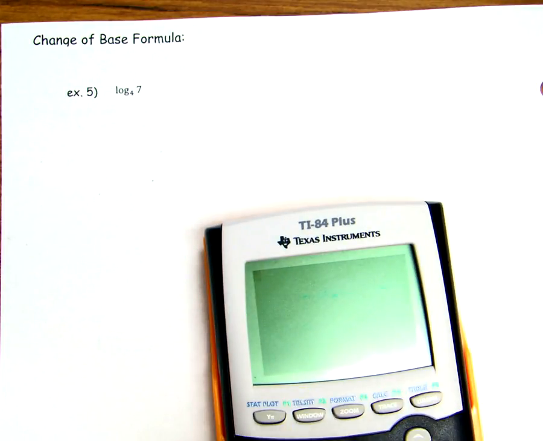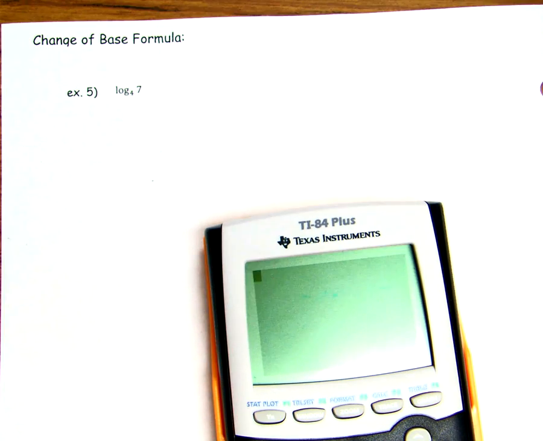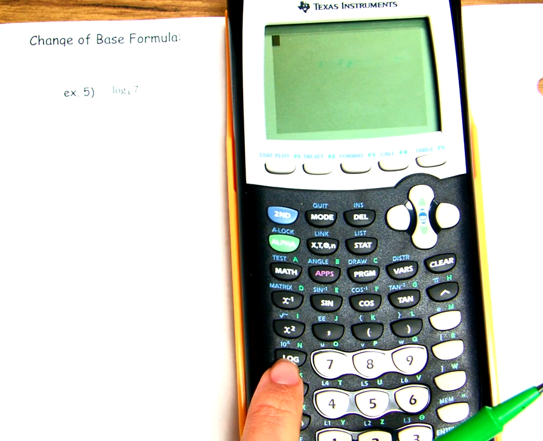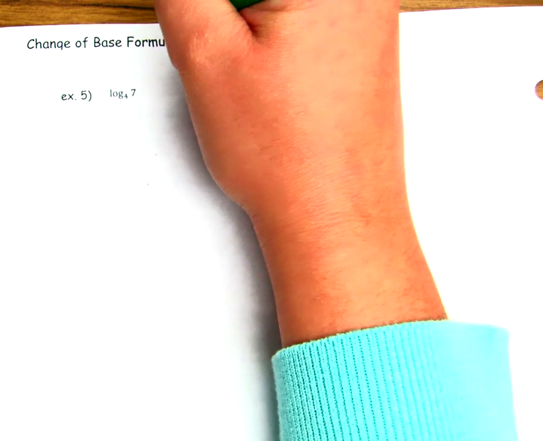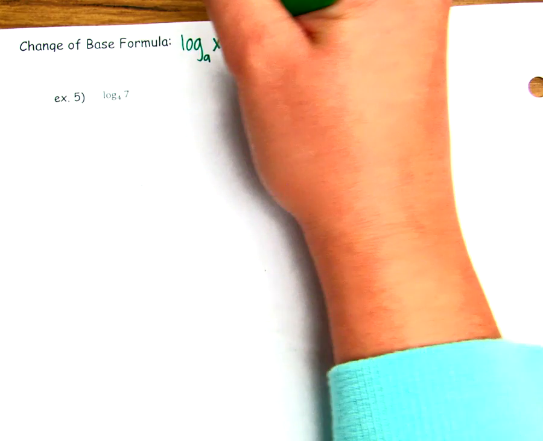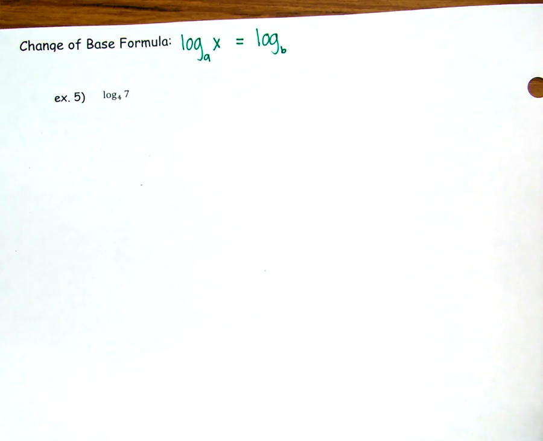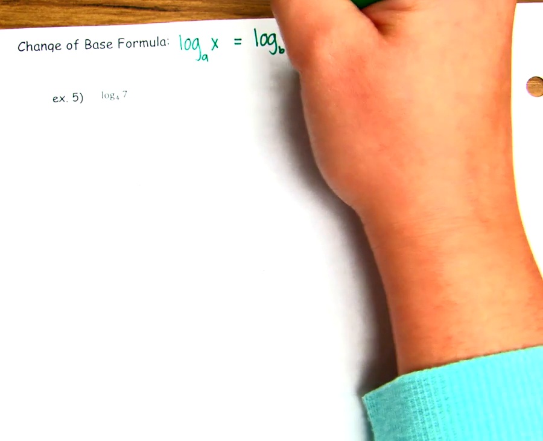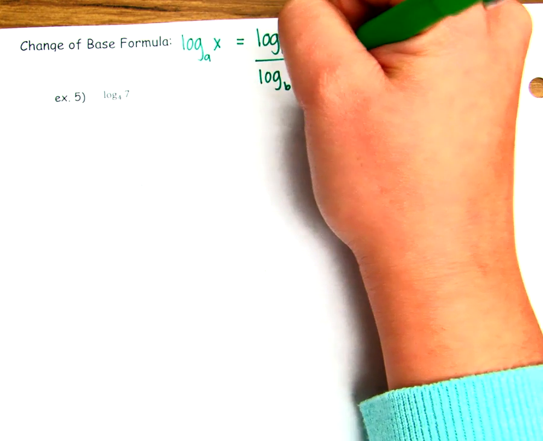So we would actually have to do a change of base, in which case we changed the base of 4 to a base of 10. And we changed it to a base of 10 because that was the common log. Okay? So the change of base formula says that if I have a log base a of x, then I can rewrite it as log of any other base b, so this could be base 10, base e, base anything, of x over log base b of a.